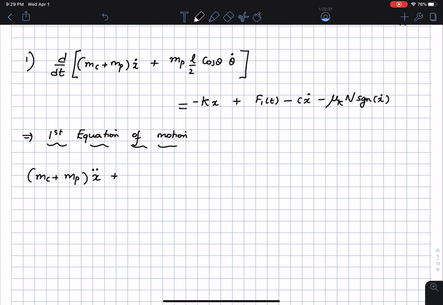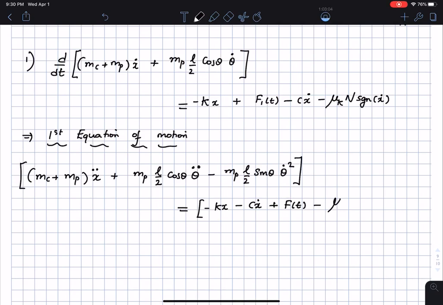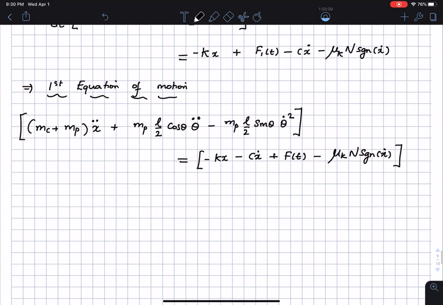Then I'm going to have the time derivative of theta dot, so that's going to be mp l by 2 cos theta theta double dot, time derivative of cos theta, so chain rule, minus mp l by 2 sine theta theta dot square, because I already had a theta dot there. This is equal to minus kx minus cx dot plus f of t minus mu k times n times sine of x dot. Okay, so this is the first equation of motion.